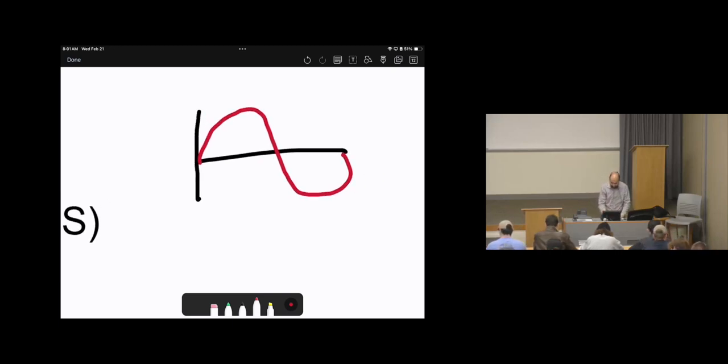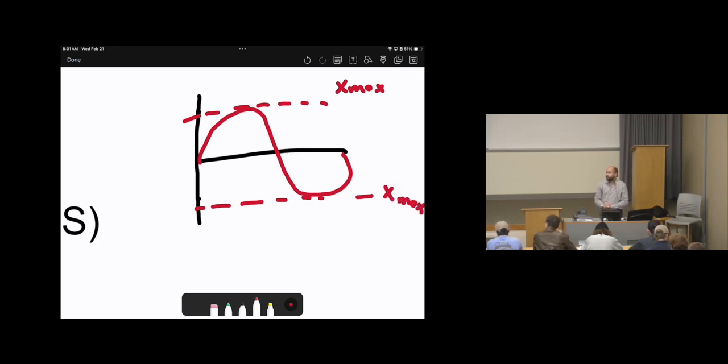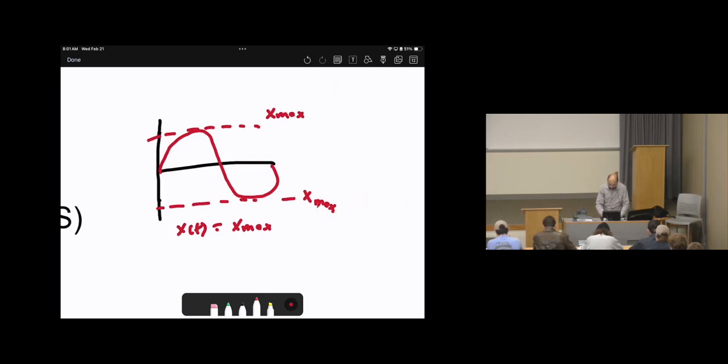And we discussed last lecture, it will be bounded between x max and negative x max. Then this waveform, we used to say it as x of t equal to x max cosine omega t plus alpha, something like that.